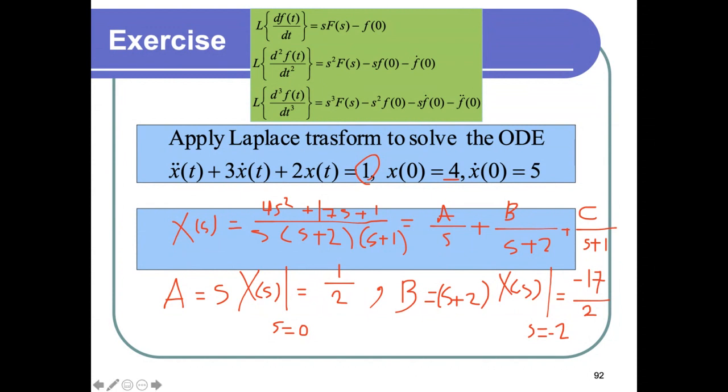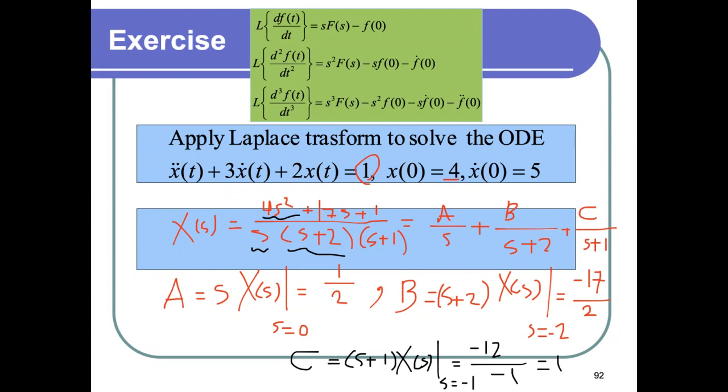Similarly for C, C is equal to s plus 1 multiplied by X of s evaluated at s equal to minus 1. So we have 4 minus 17. This is minus 13 plus 1, which is minus 12, over minus 1 multiplied by 1, which is minus 1.